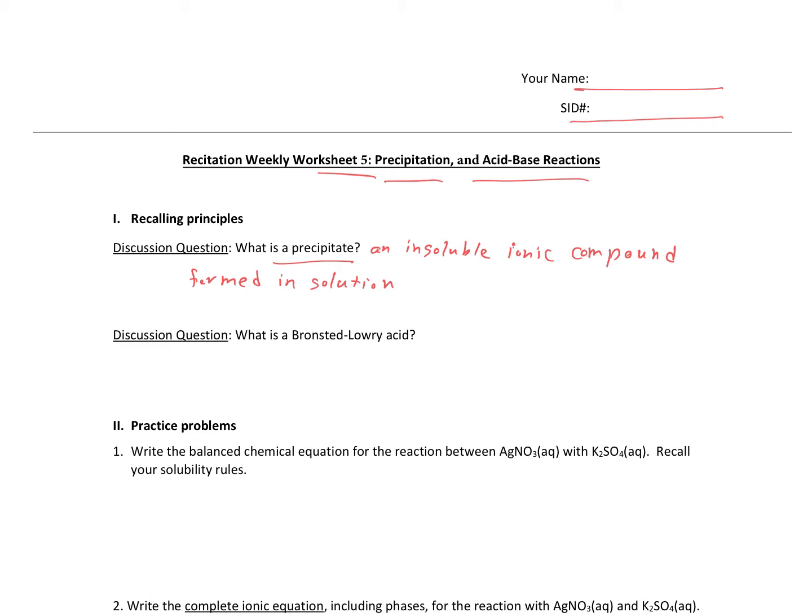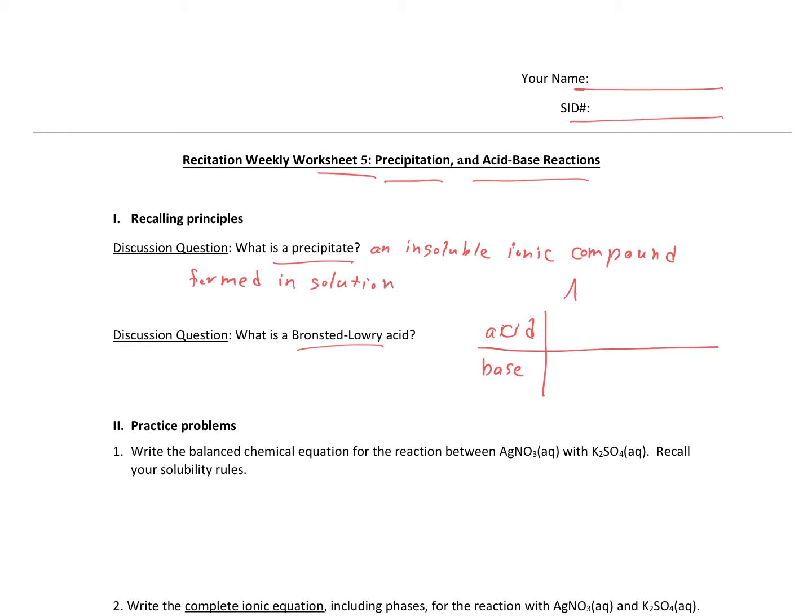Okay, so what is a Brønsted-Lowry acid? In the lecture slides we talked about Arrhenius acid and base. We said something about Brønsted-Lowry, but we have this question here, so this chart might help. So acid and base, right?